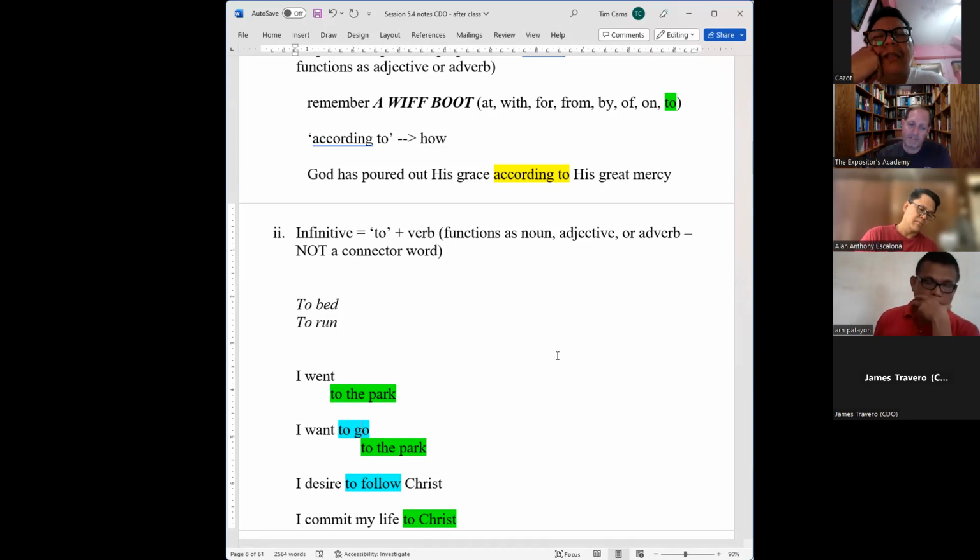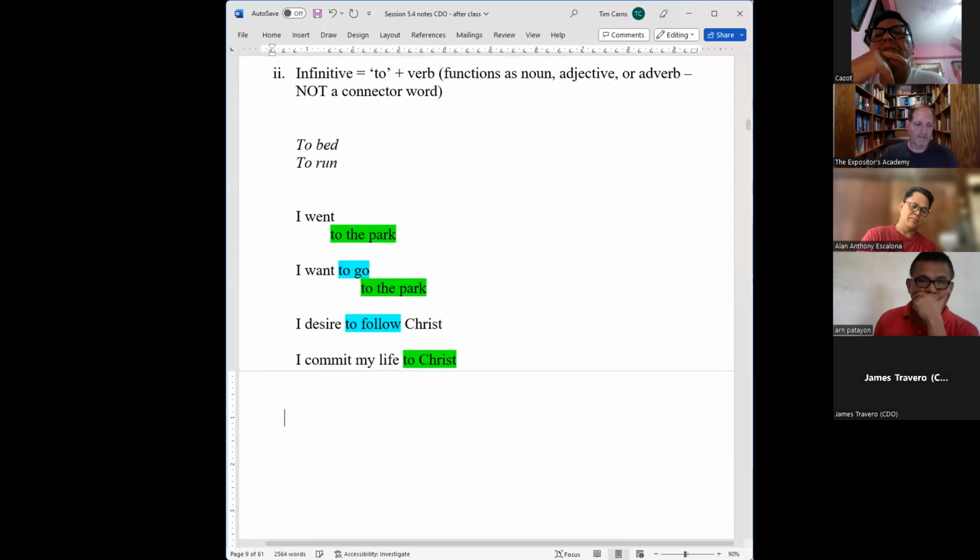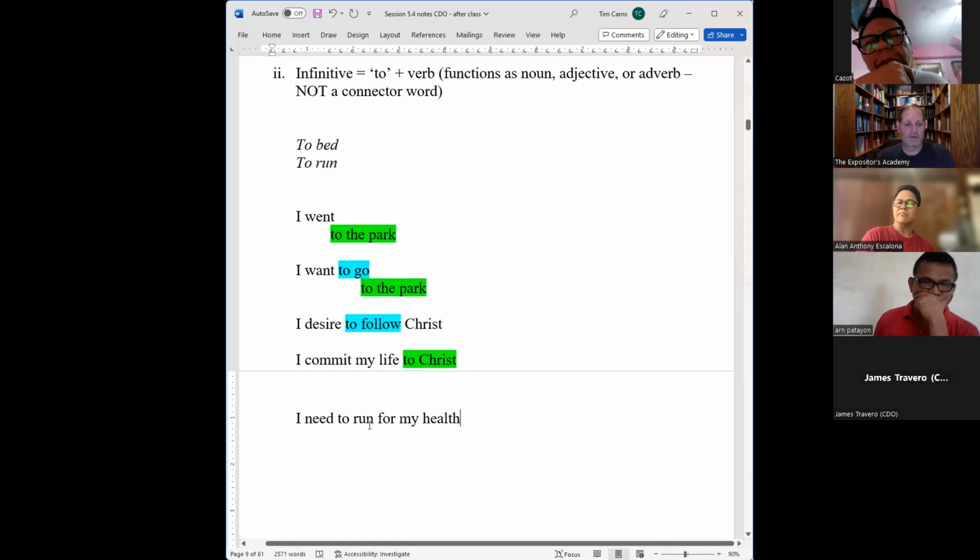Sometimes they might modify something. Often they complete a verbal idea. But they have different uses. So, for example, I could say, I need to run for my health.